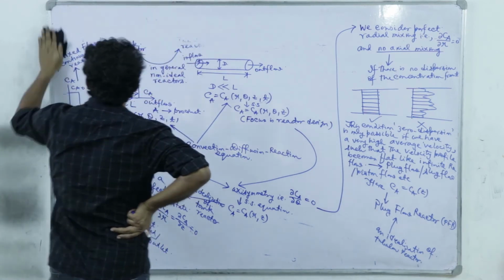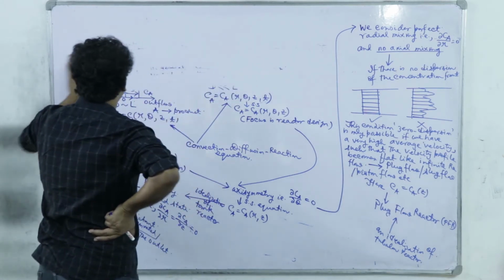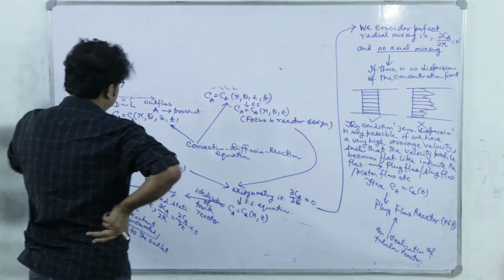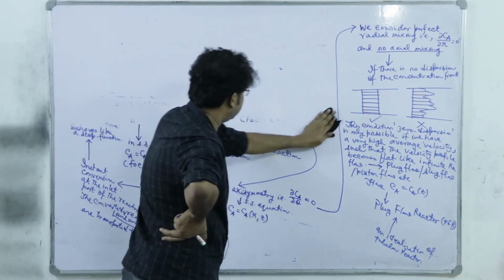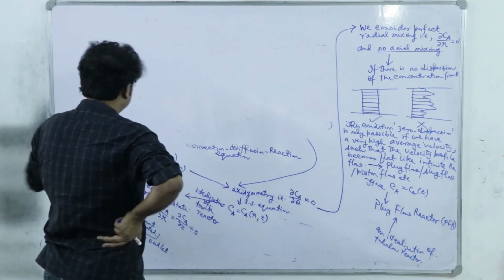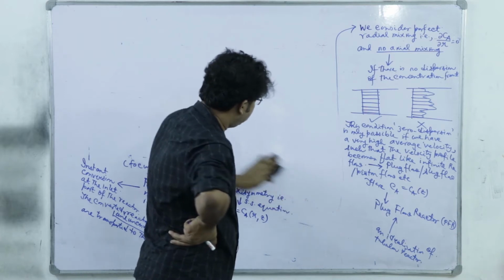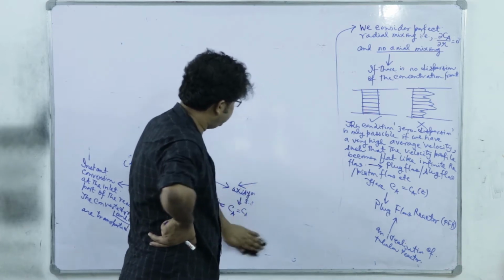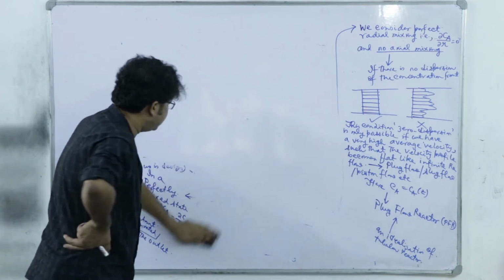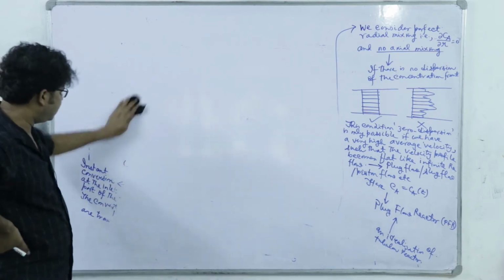So, with this understanding, let us move into the design equation of these two ideal continuous reactors or the flow reactors, right. But before that we need to define a very important common terminology which is applicable to both of them, and that's called the space-time.